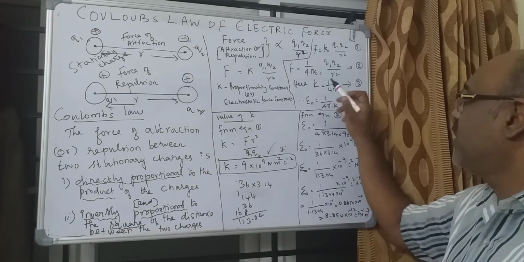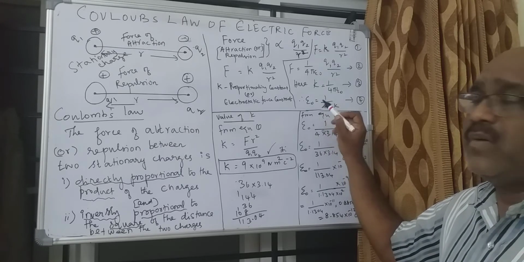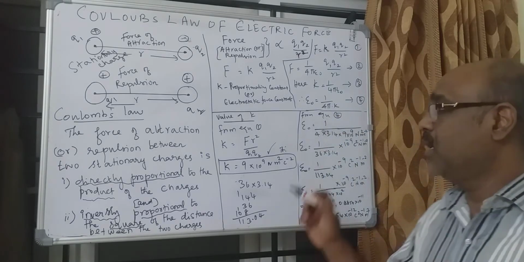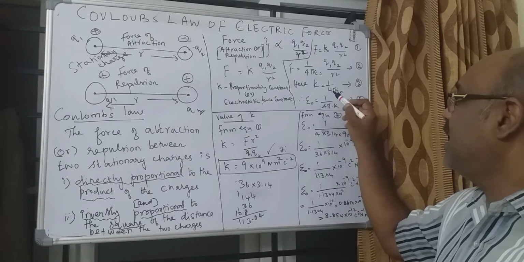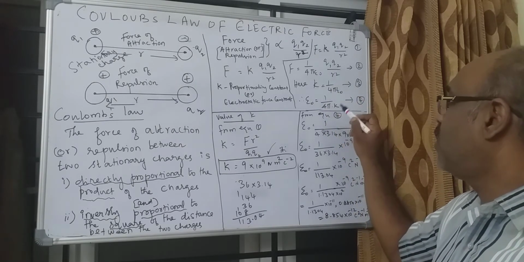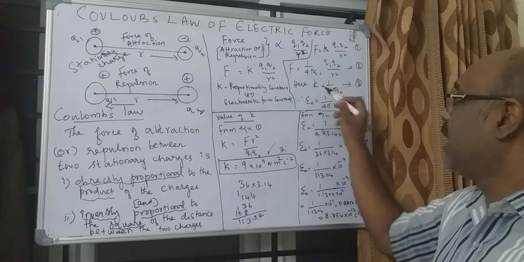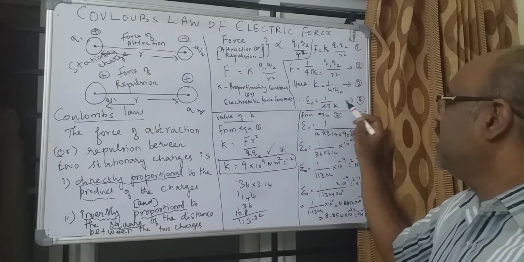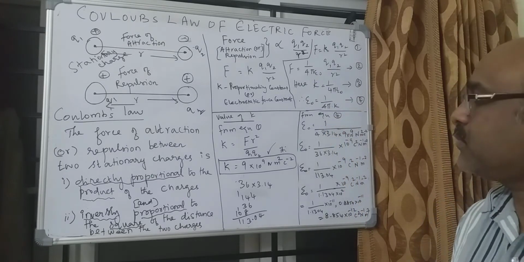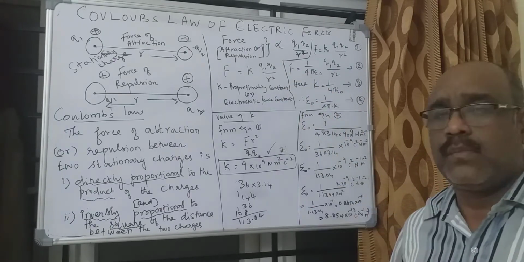And from the third equation, we can even derive that this epsilon naught, which is known as the permittivity of free space, is equal to 1 divided by 4 pi into k. So, this k comes down, epsilon naught goes cross multiplied. So we are getting the equation epsilon naught is equal to 1 divided by 4 pi into k.